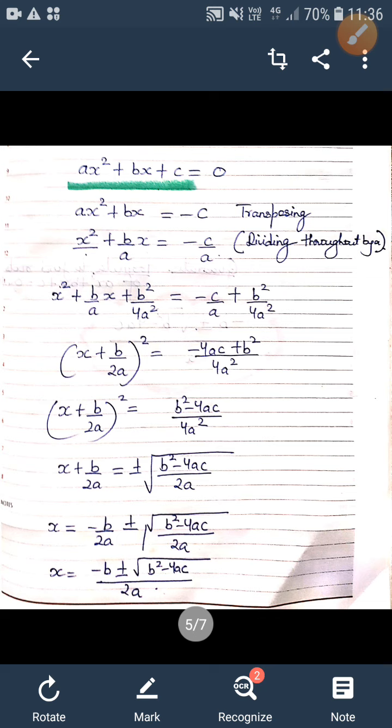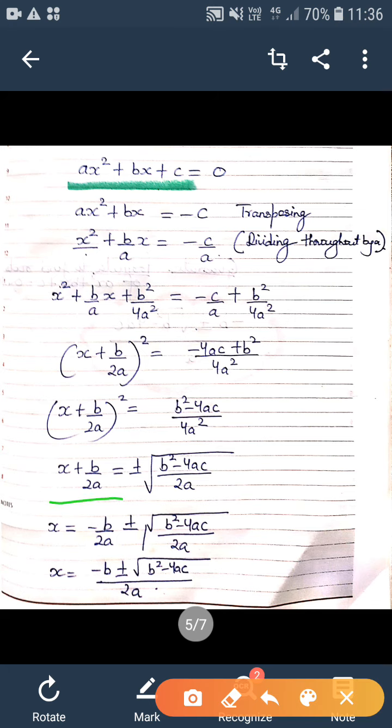Now when we take the square root, we have x plus b upon 2a, and the square root can have a plus and minus sign, since plus into plus and minus into minus are both plus. So we have two square roots, one with a positive sign and one with a negative sign.